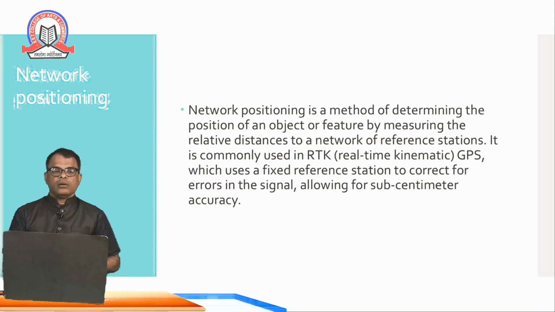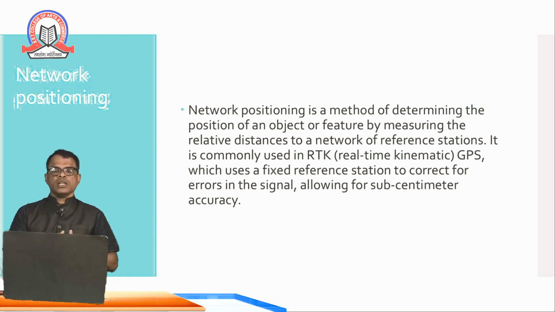Then we will try to understand what is network positioning. Network positioning is a method of determining the position of an object or feature by measuring the relative distance to a network or reference station. It is commonly used in RTK, real-time kinematic, GPS, which uses a fixed reference station to correct for errors in the signal, allowing for sub-centimeter accuracy.